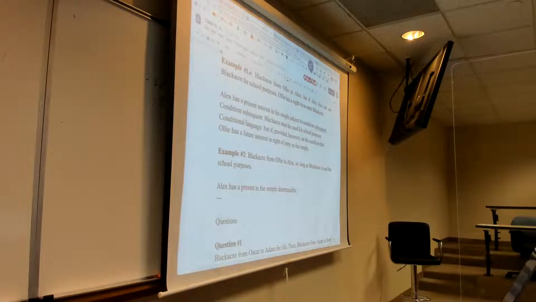Well, no. If there's a condition subsequent, then it's a fee simple subject to condition subsequent. What in this sentence tells you it's a fee simple determinable? So long as means that he would have it in fee simple as long as he doesn't. Is that a conditional word? No. What kind of word is that?